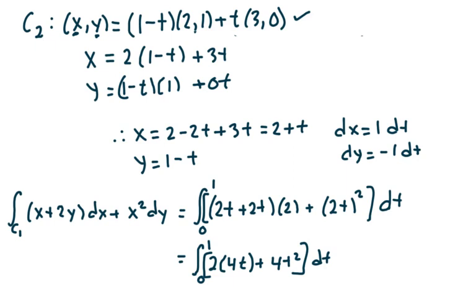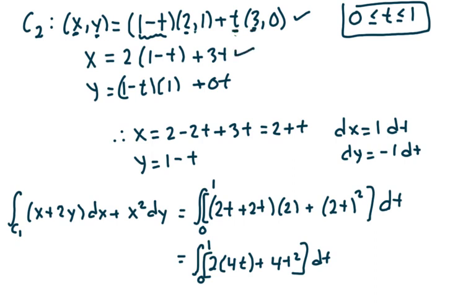And again, make sure you understand t is less than or equal to 1 and greater than or equal to 0. Now, x is (1 − t) times 2 plus t times 3.